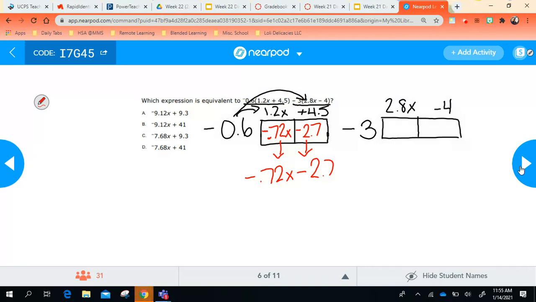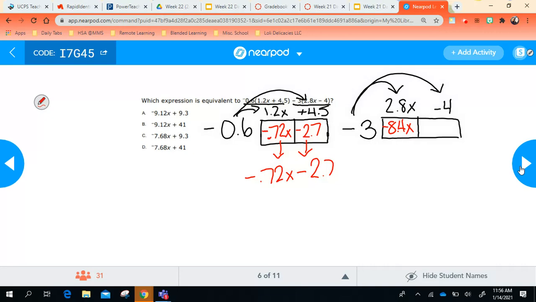Now I'm going to go ahead and do the other box. Please, negative 3 times 2.8. And Diego, you can start getting the next one ready. Negative 8.4x.